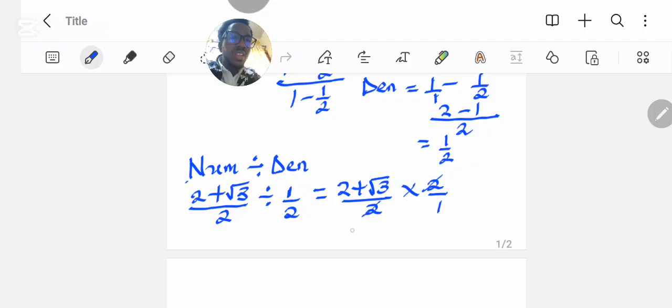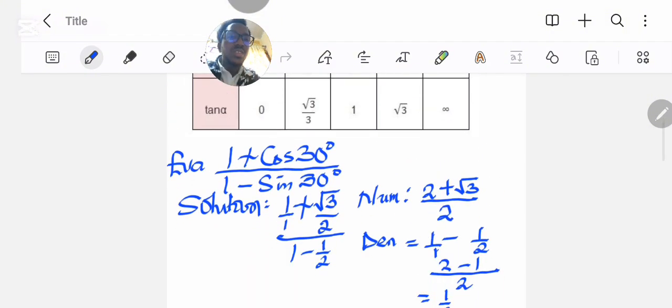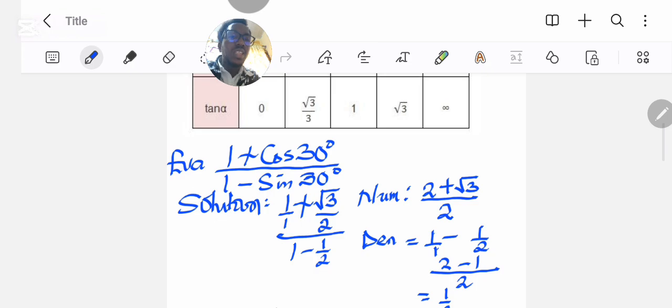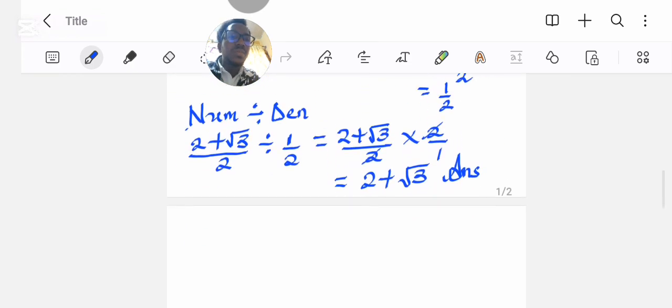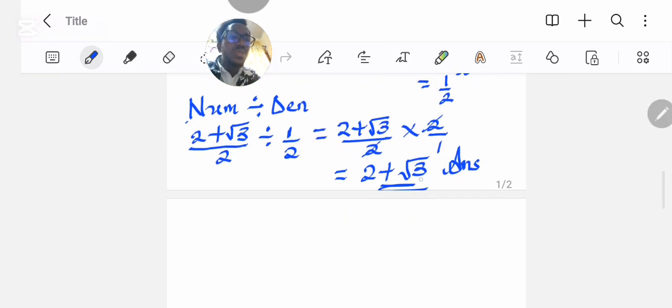These two can easily cancel this 2. So our final answer will be 2 plus root 3. So 1 plus cos 30 degrees divided by 1 minus sin 30 degrees gives us 2 plus root 3. Let's look at another question.